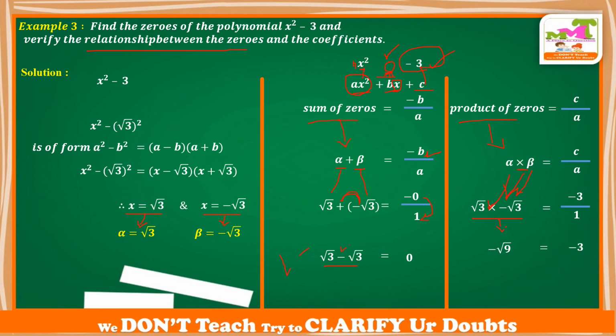Then coming to your sum of zeros, root 3 minus root 3 is going to be 0, which is equal to 0. And on the other end, minus as it is, root of 9, what is root of 9? 3, is equal to minus 3. I hope you understood.